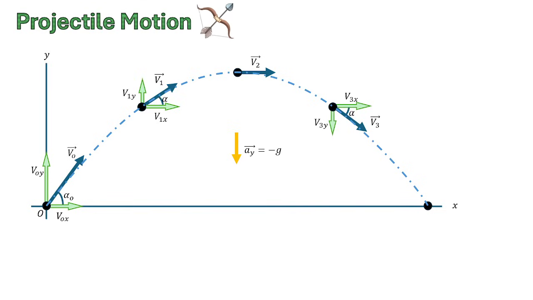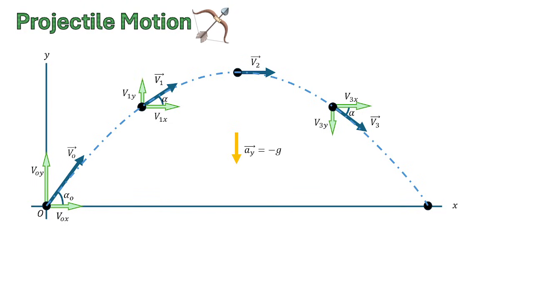As you can see, I've added our angles here because we have two components. The velocities at zero, velocity one, velocity two, and velocity three have their components, and it looks like V0, V1, V2, and V3 are the resultants of their components.